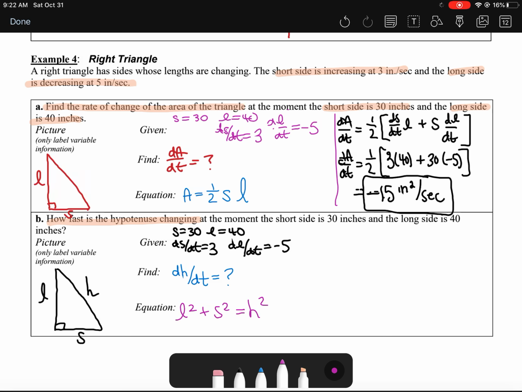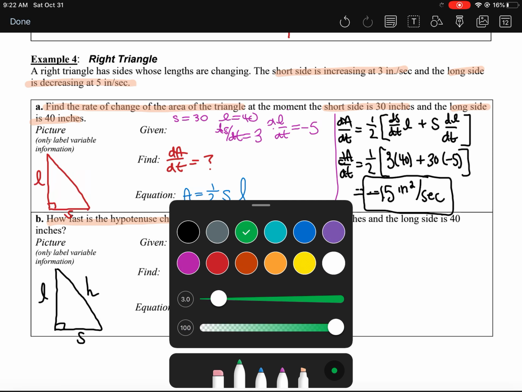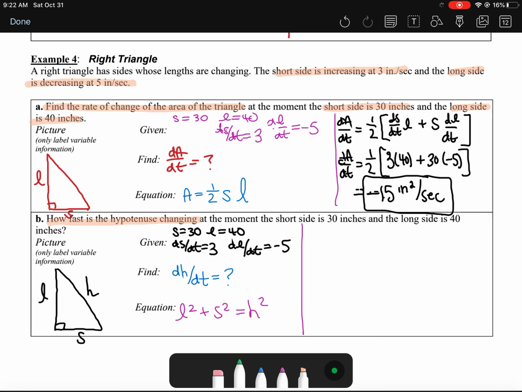So again, now I'm going to need to take the derivative. Okay, so I have 2L dL/dt plus 2S dS/dt equals 2H dH/dt.